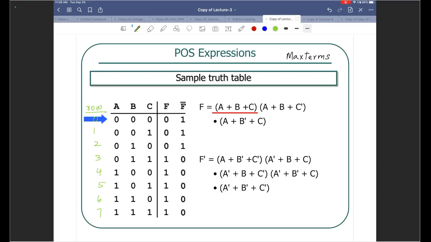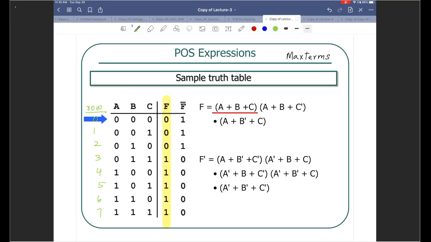So let's look at F here and F complement there. Let's look at F first. So for F, we are focusing on the zeros. How many zeros do you see? Well, you see 3 zeros. So I'm going to need 3 sum terms in my complete expression.